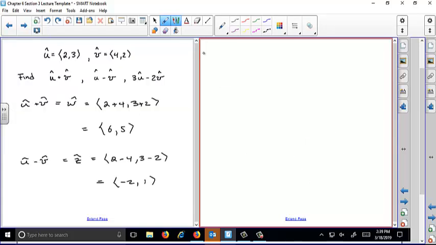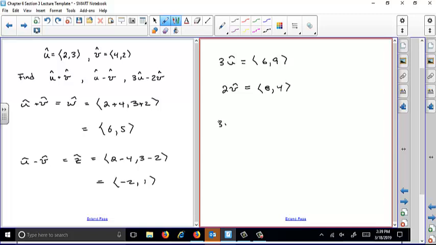So that is that, and then here we're multiplying the vectors by scalars, so we want to do that first. 3 times u is we just multiply each one of these components by 3, so we get 6, 9. 2 times v is, we take v and multiply by 2, so we get 8, 4.